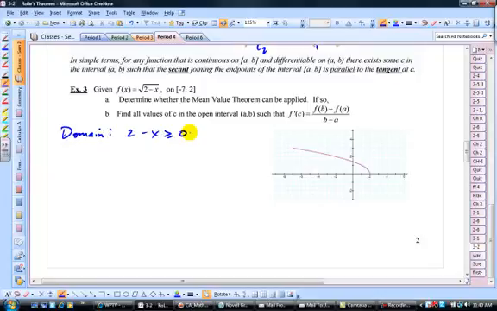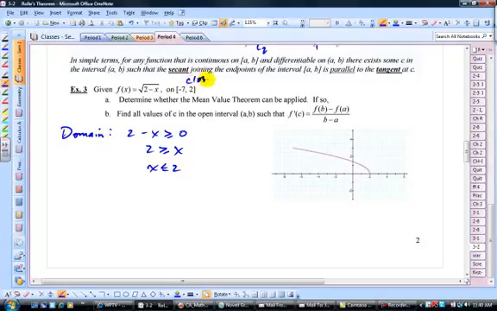That's all you have to do, and there's your domain. For any root function, set the stuff underneath the root greater than or equal to 0 and solve it. This implies that 2 is greater than or equal to x, by adding x to both sides. Now reverse the inequality: if 2 is greater than or equal to x, then x must be less than or equal to 2. There's your domain.